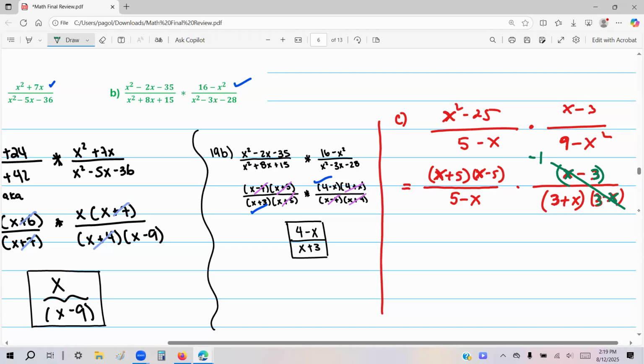What else can we cancel? x minus 5 and 5 minus x, because they are completely opposite of one another. On the top, x is positive, on the bottom, x is negative. On the top, 5 is negative, but on the bottom, 5 is positive. So both have opposite sign. When both have opposite sign, you can cancel, and you're left with -1.